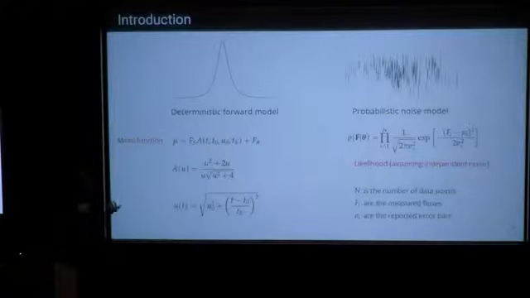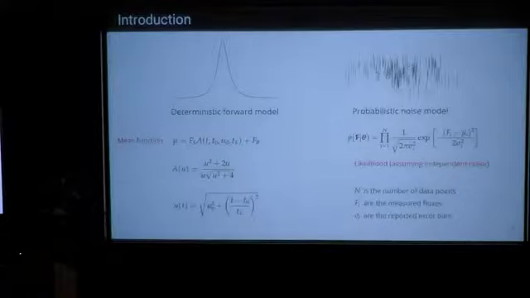If you take the log of this likelihood, you get your chi-squared up to a minus sign and a constant. And a likelihood is a generative model for the data, which means that if you give me some fixed set of parameters, using this, I ought to be able to generate something which looks like real data.